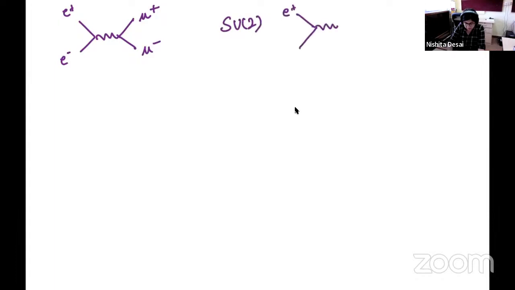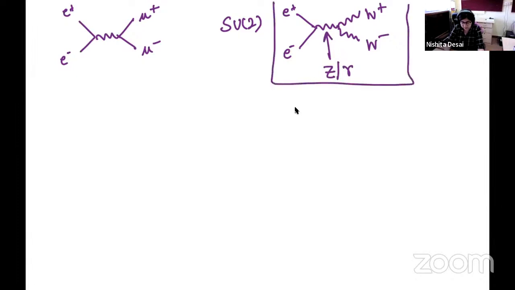So you have e plus e minus that goes to, oh sorry, this is again jumping the gun a bit, but we'll come to it. W plus W minus, and then this guy can be the third component in the gauge. Let me just write it as Z, but we'll see what that is. So you can have extra terms that look like this.